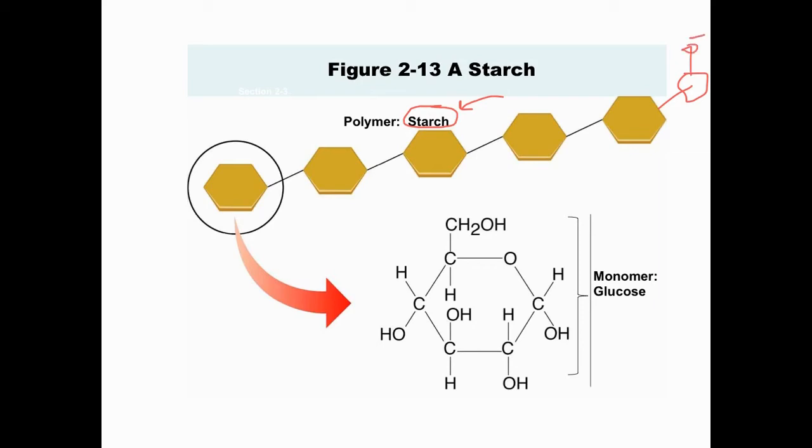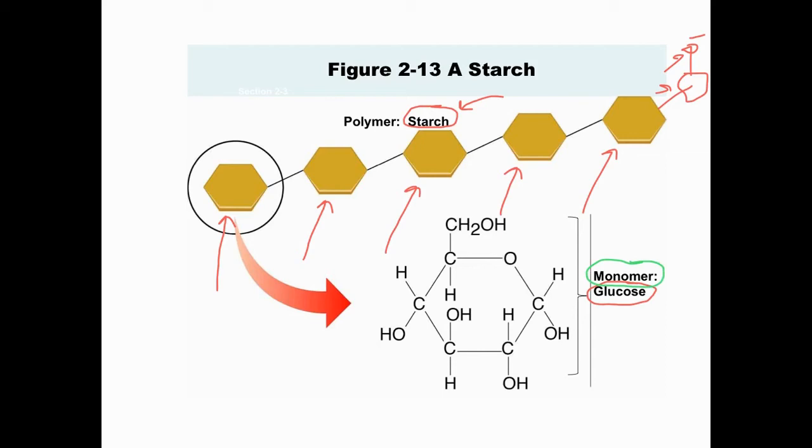It's very, very large. Now, what is it made of? All it is is a bunch of glucose. That's a sugar. A bunch of glucose monomers. That's a glucose. Bonded to another glucose. Bonded to another glucose. Bonded to another glucose. And on and on. So each of those glucose, those are the monomers.